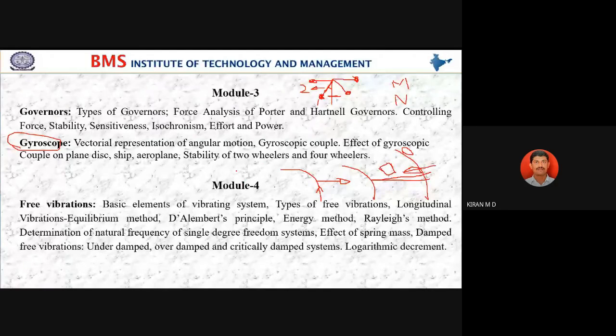From the fourth module, there will be the vibration concept: basic elements of a vibration system, types of free vibration, free vibration and forced vibration, D'Alembert's principle, and the energy method to analyze vibration. How we find the natural frequency, you may have heard that word, of a single degree of freedom spring mass system.